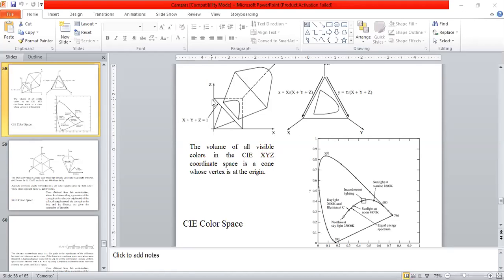That plane will intersect with our cone. Where the cone intersects with the plane x plus y plus z equal to 1, we can see a curve shape, which we shall discuss now. If you understand up to this point, we can discuss a little further.